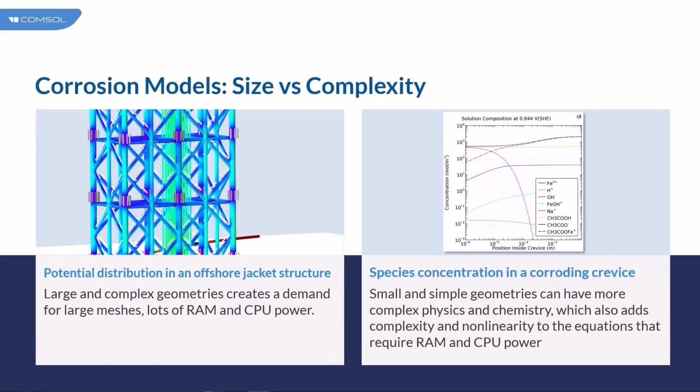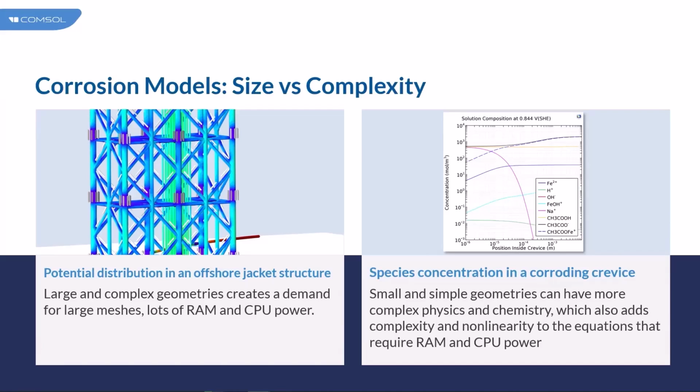So for a large offshore or jacket structure, you typically have a very complex geometry, with a lot of small pieces and large pieces, and that creates usually quite large meshes, which require quite a lot of RAM and CPU power to compute.